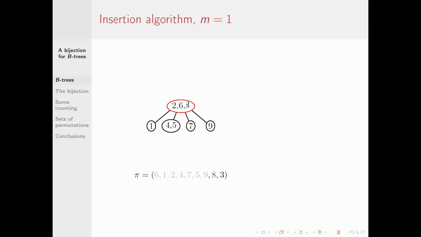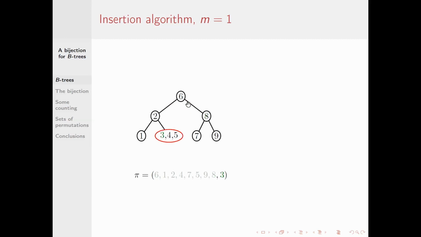But this time we also need to split the parent because it's also full. So we pull the 6, which is the middle element, up again, and we get this. And then finally, one more split, we obtain this tree. Okay, so this is the insertion algorithm.